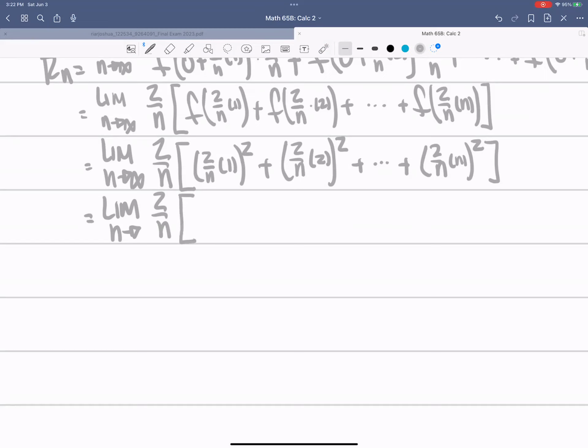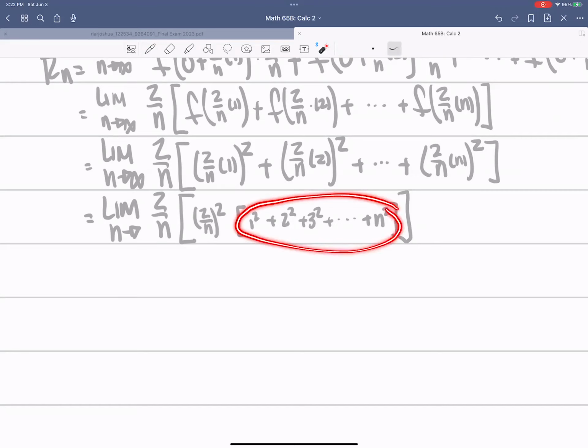So within here, we're factoring out the 2 over n squared. And then what we're left with is 1 squared plus 2 squared plus 3 squared, all the way up to n squared. Oh, well, that just looks like one of our summations. We actually have a formula for that one.